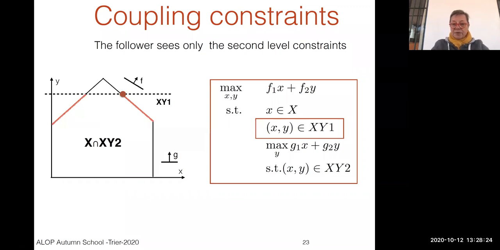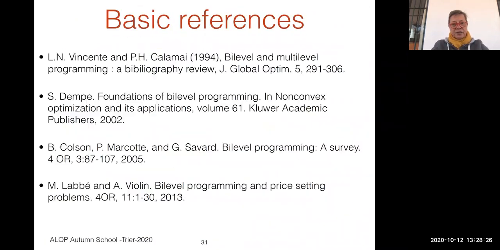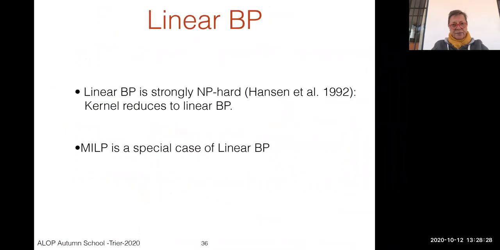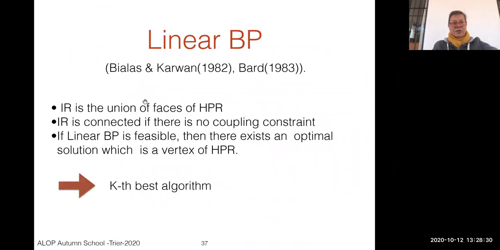Now, very nice, we can exploit these properties. You see, this is what I say. The inducible region is the union of faces of the high point relaxation, and it is connected if there are no coupling constraints. And if the problem is feasible, then there exists an optimal solution which is a vertex of the high point relaxation.